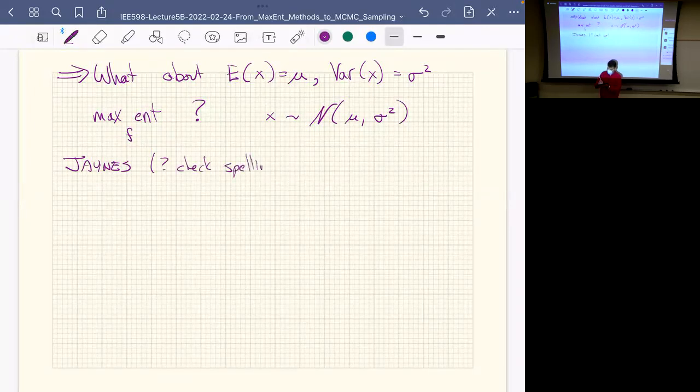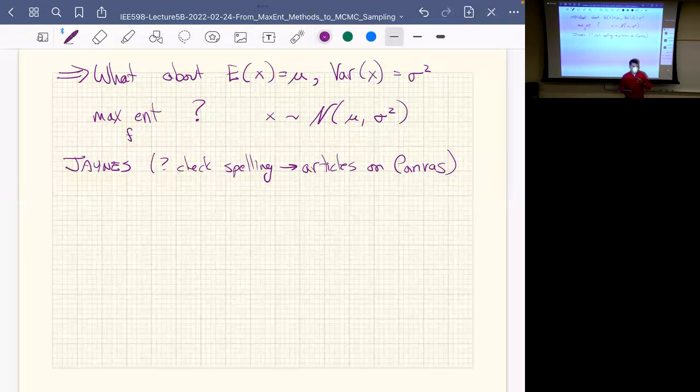But I think I've actually got articles on Canvas in this unit from Jaynes, who established or formalized this idea that distributions in physics reflect that physical systems are going to put their particles in ways that are maximally uncertain relative to the constraints.